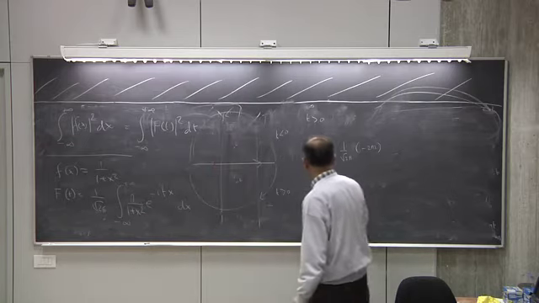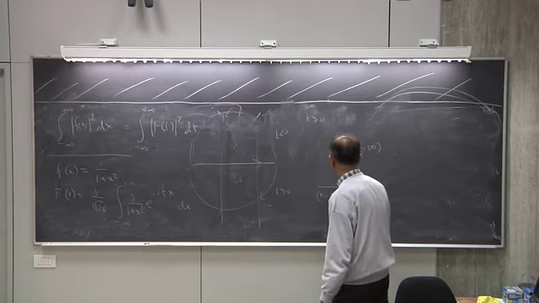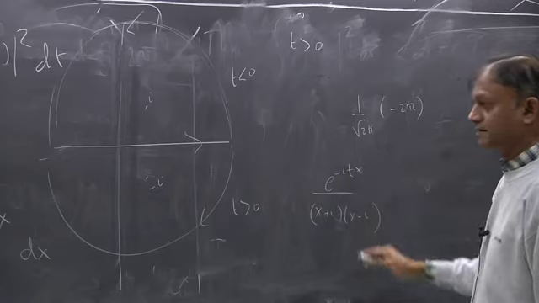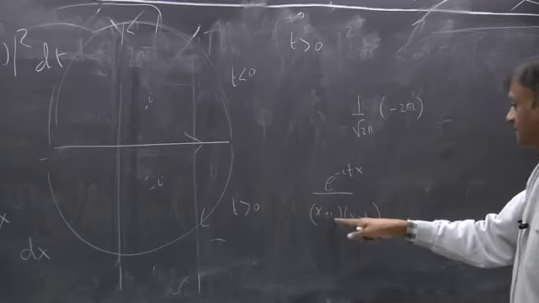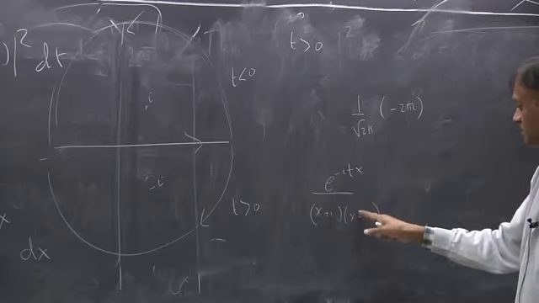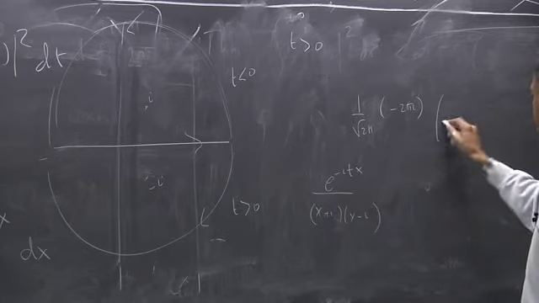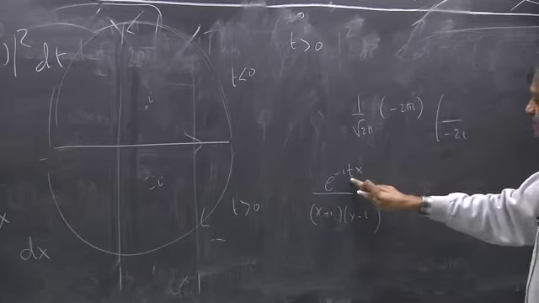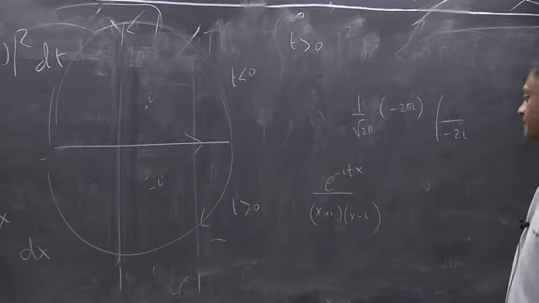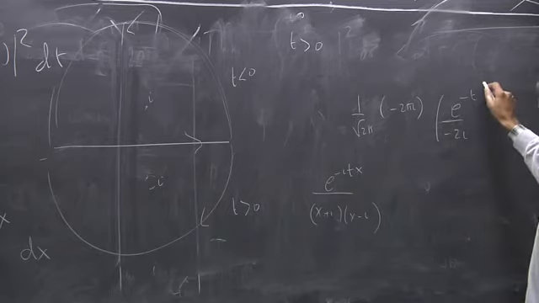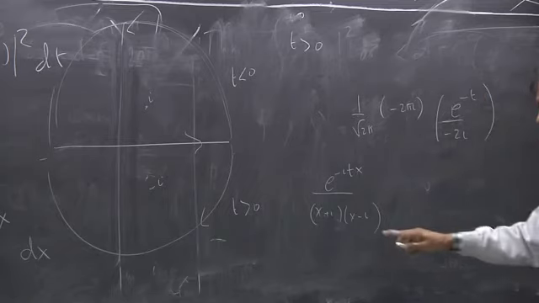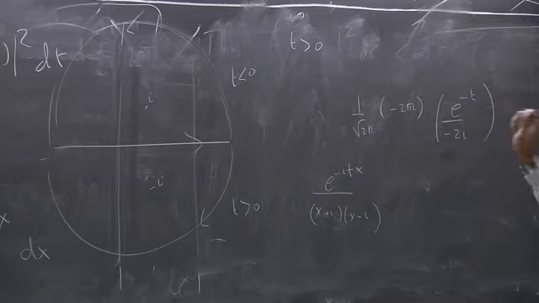That is x plus i times x minus i times e to the minus i t x. Taking x equal to minus i, this becomes minus 2i, and that becomes e to the minus t. Yes, that's correct.